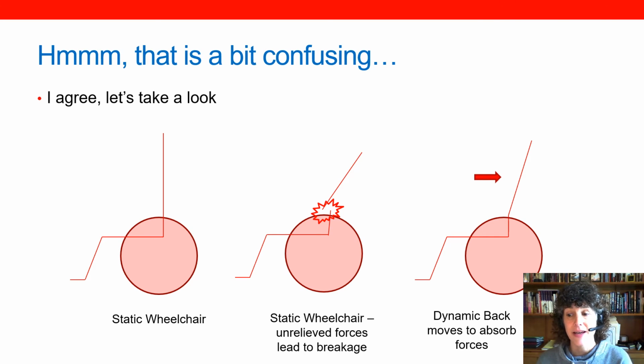Well, this can be a little bit confusing here, so let's take a closer look. On the left here, we have a static wheelchair. In the middle, we have what occurs when those forces are not relieved. Sometimes we actually have breakage. And on the right, we have a dynamic back that is moving in response to the forces to prevent that breakage.